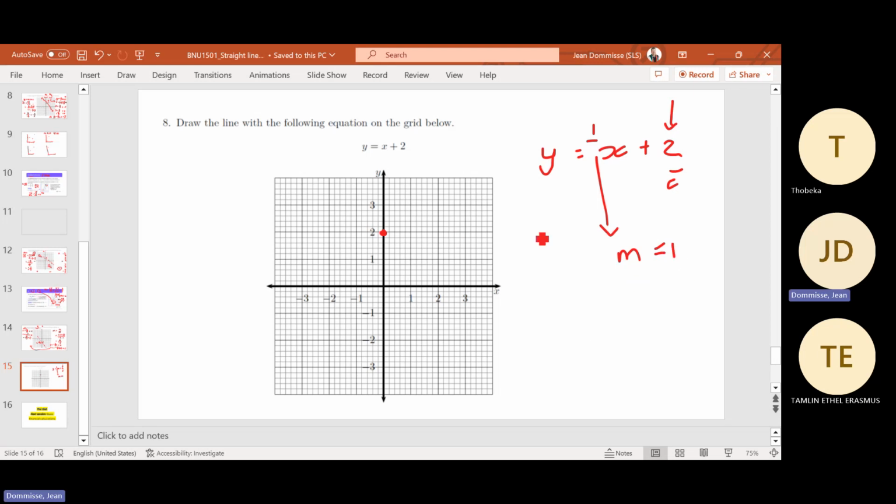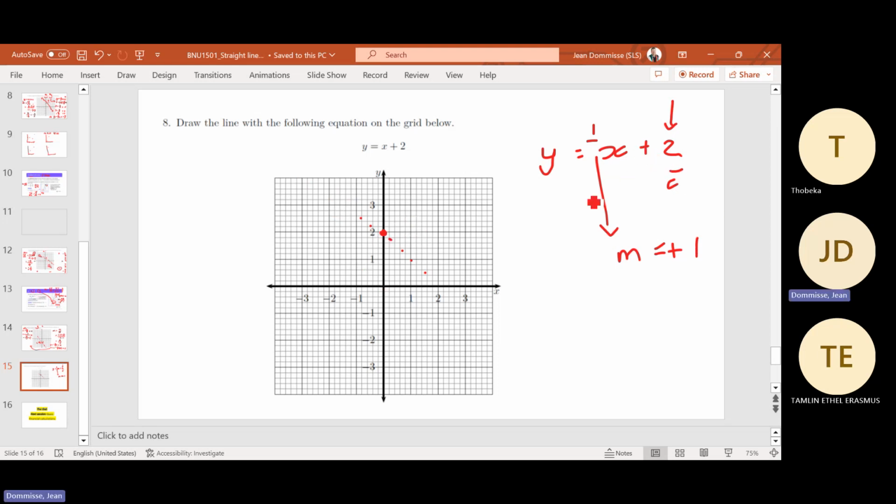Okay, so what that tells me is, and let's put it in front, positive 1. Okay, so if it goes through here, it will be a line that goes through positive over 2 quadrants.